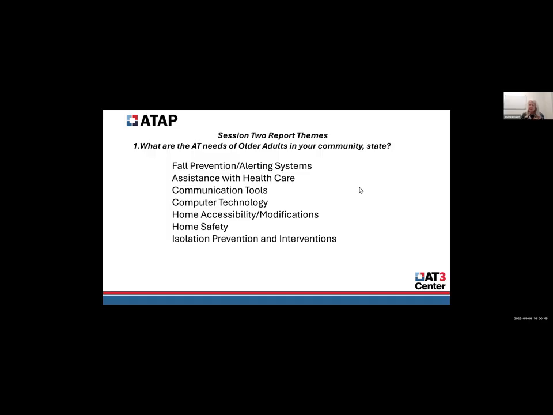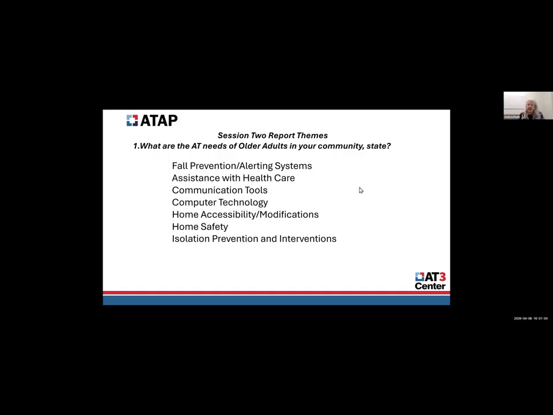So the first question: what are the AT needs of older adults in your community or your state? We gave you the first one on the Padlet. We gave you a little cheater that fall prevention would be one of those topics.